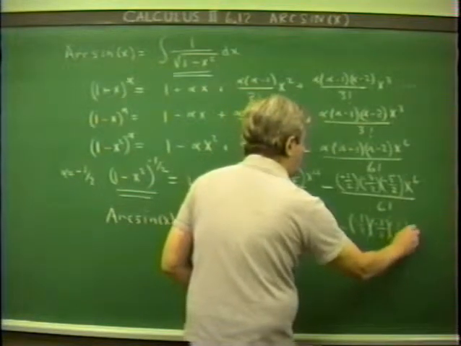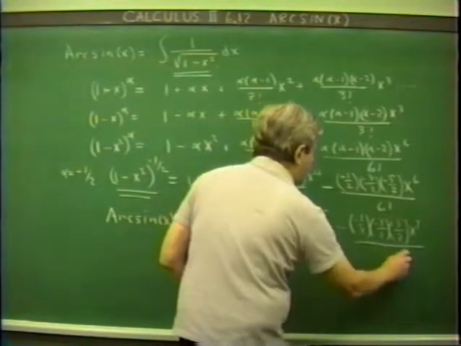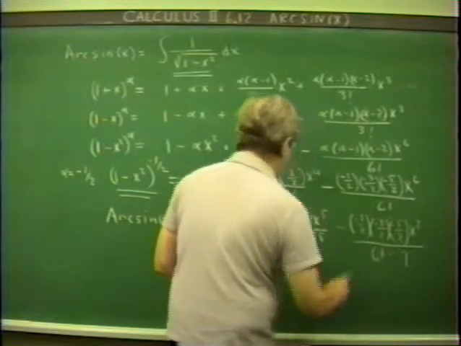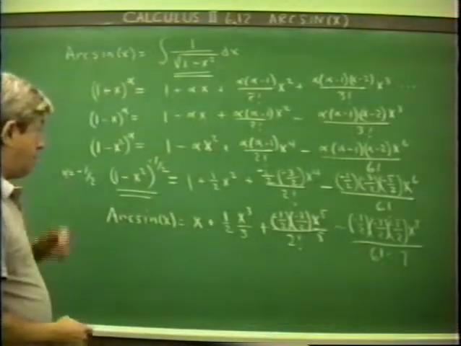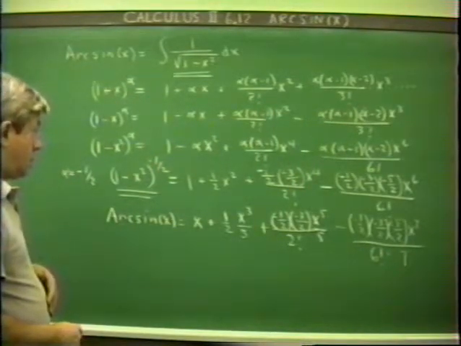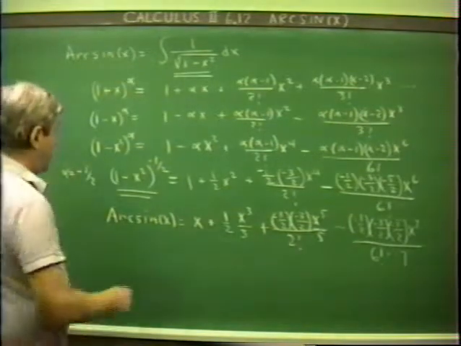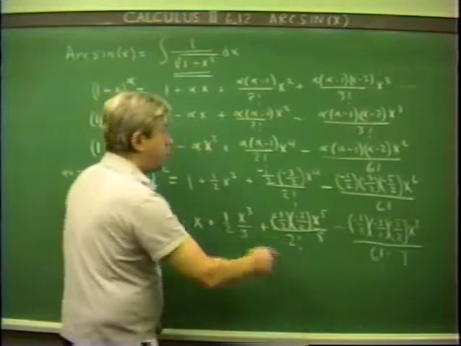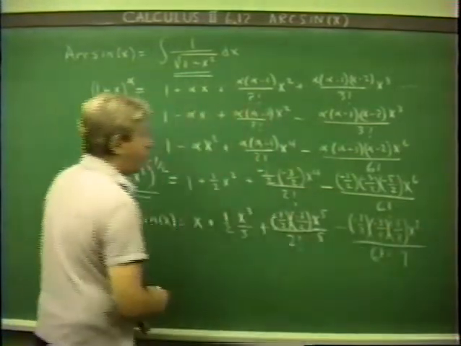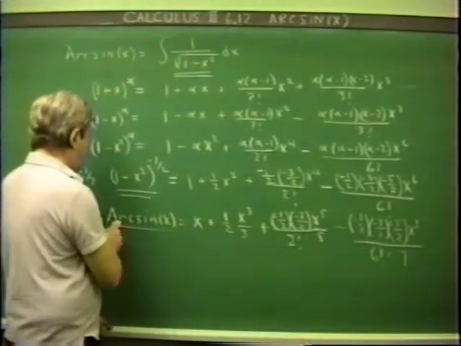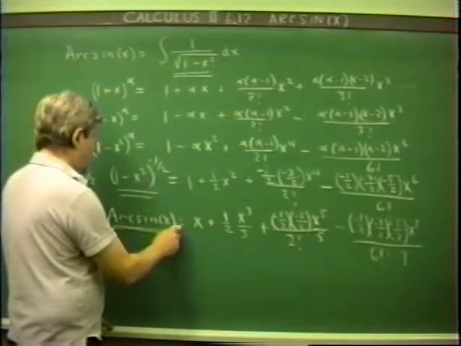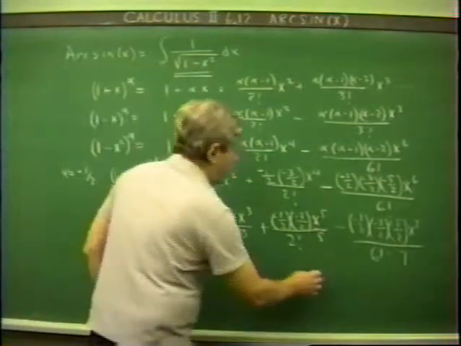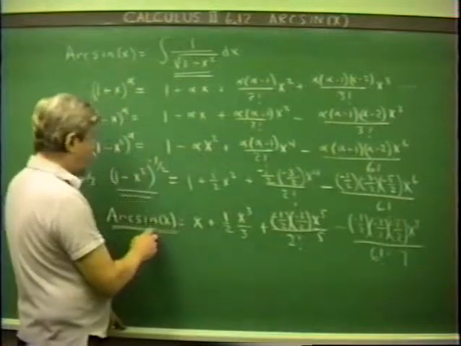Minus now, minus a half times minus 3/2 times minus 5/2 x to the 7th over 7 times 6 factorial. Okay, so here's the first 4 terms, or depending on how you're counting, this is the first 7 or 8 terms of the arc-sine of x.